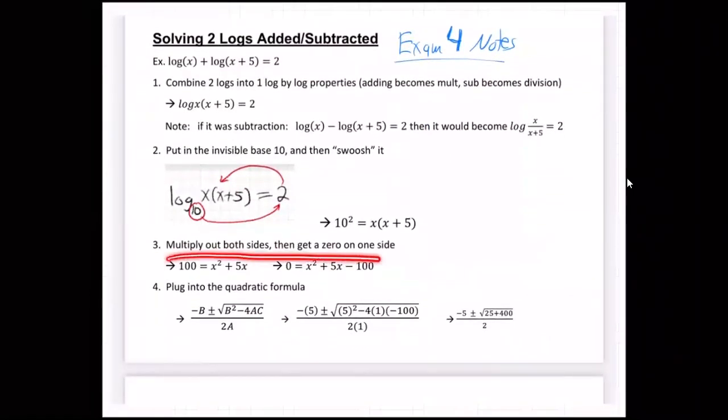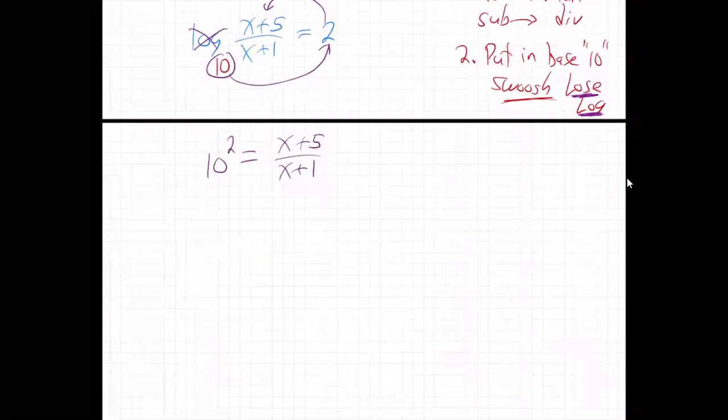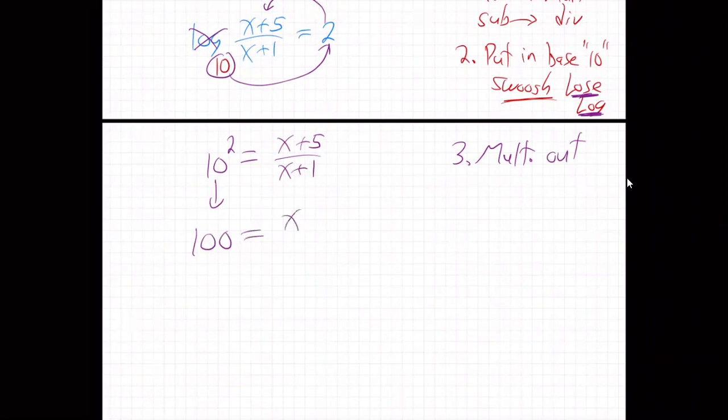Step 3, multiply out both sides. Oh, well, that's going to be a little different in our case. Let me show you what we're doing. So now step 3, multiply out. So what is 10 squared? That's 10 times 10. That's 100, isn't it? 10 squared is 100. Okay, now in this case, how do we solve two equal fractions? Remember what you do?